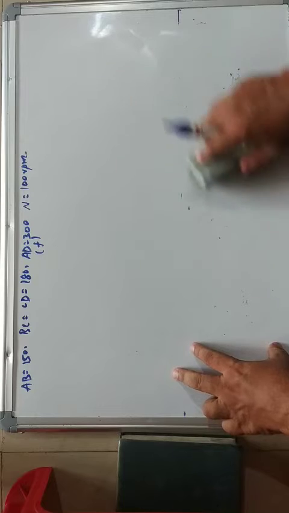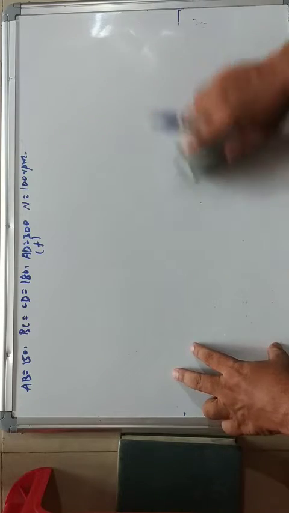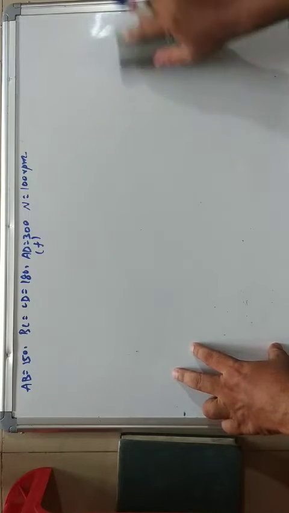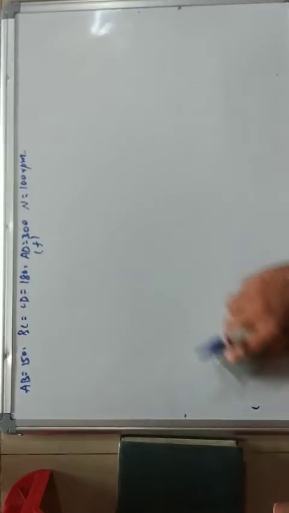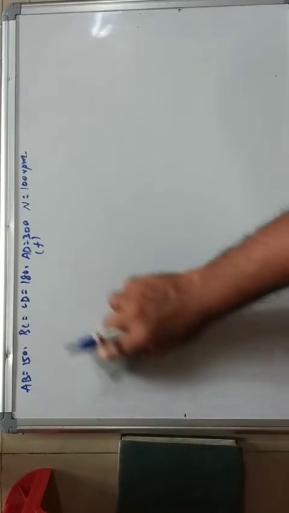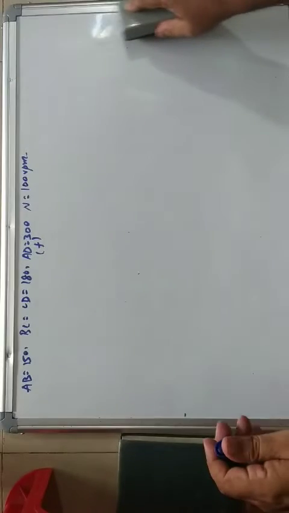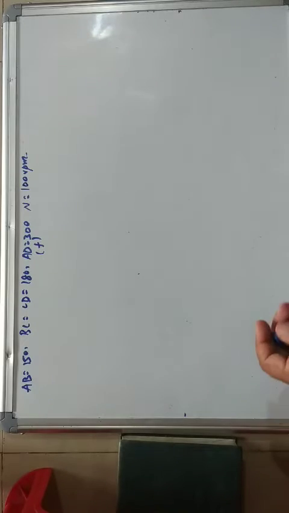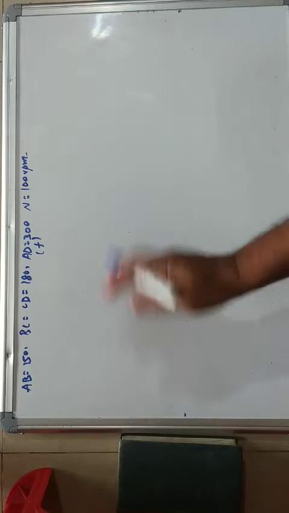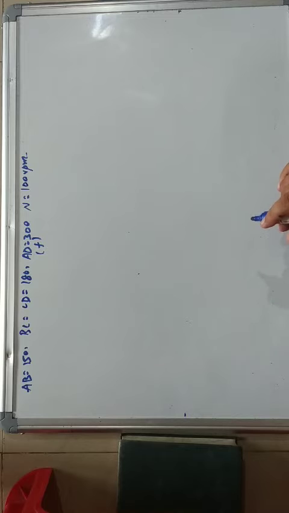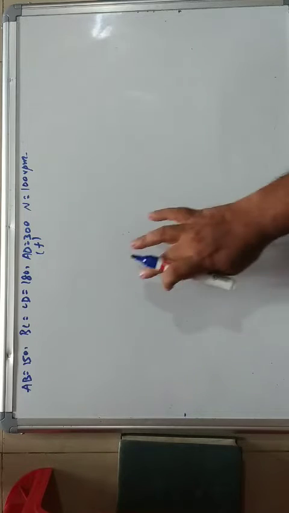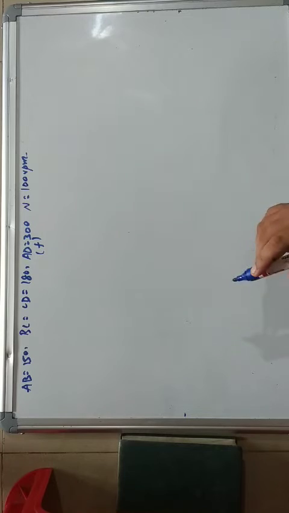As I told you, the first and foremost step is to draw the configuration diagram with a suitable scale. Since we have to draw the configuration diagram, ensure that sufficient space is there at the top, left and bottom, so that there is no problem for locating the instantaneous centers.